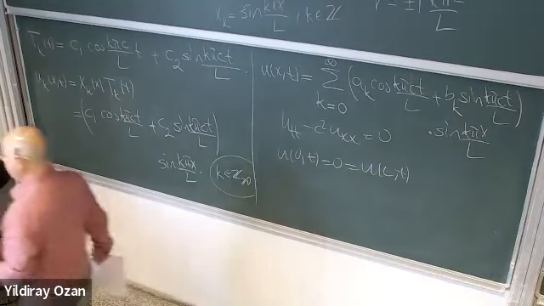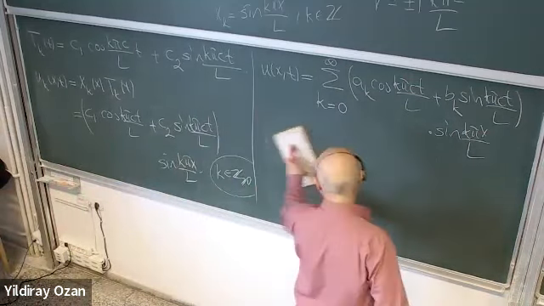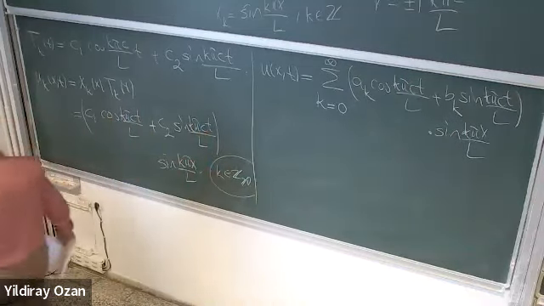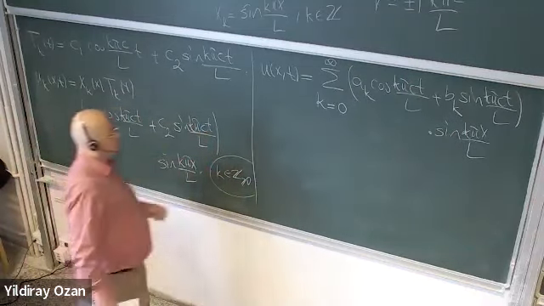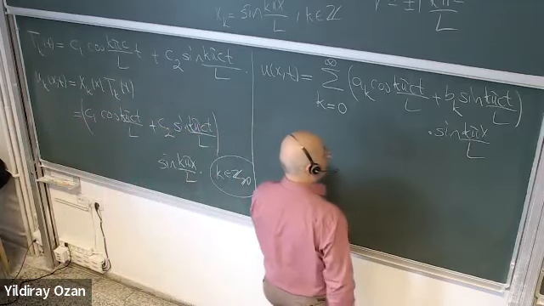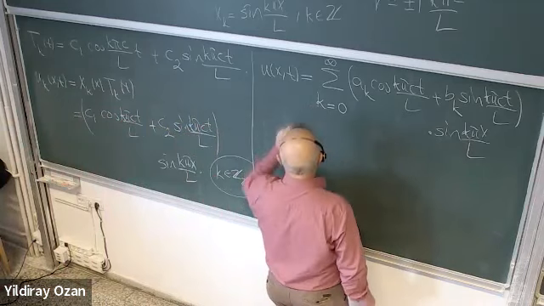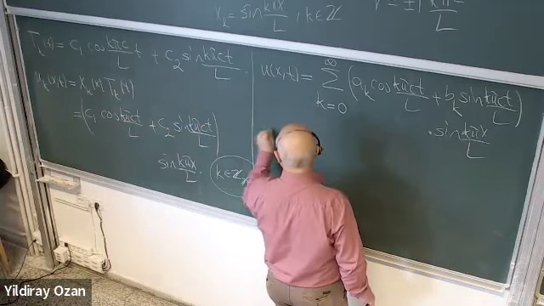Okay, so that's the general solution of the wave equation for a finite string whose ends are attached to fixed positions. So this is the general solution.